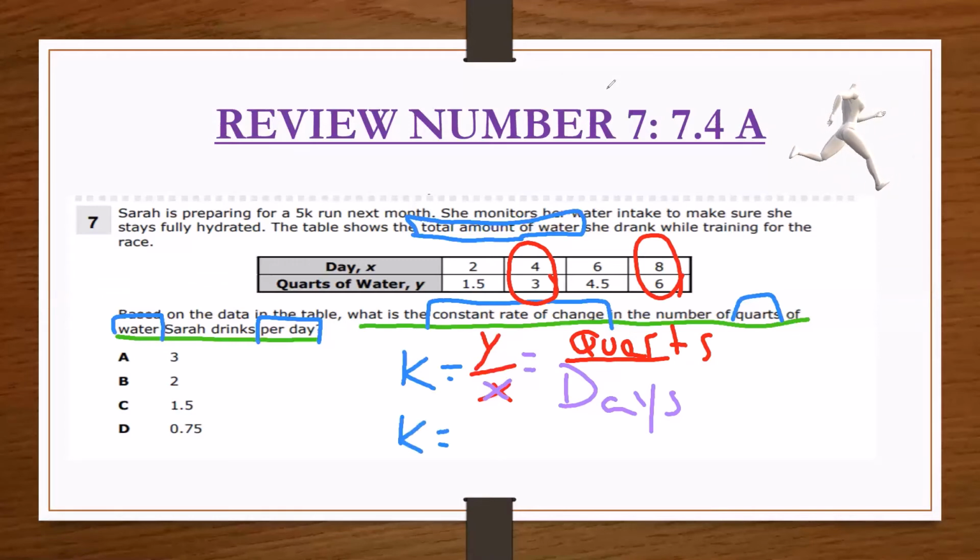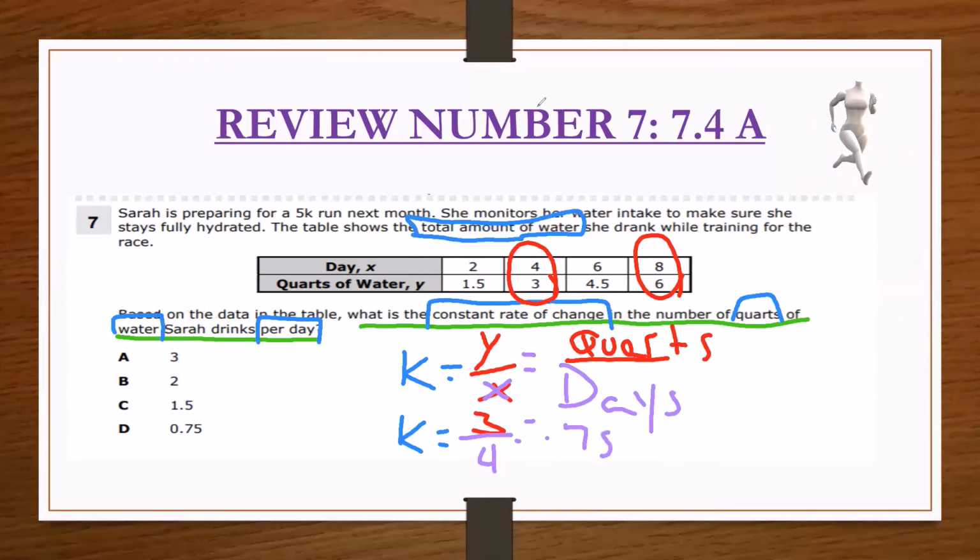My Y is going to be 3 quarts, and my days are going to be 4. Before I go any further, I know that 3/4 is equal to 0.75.